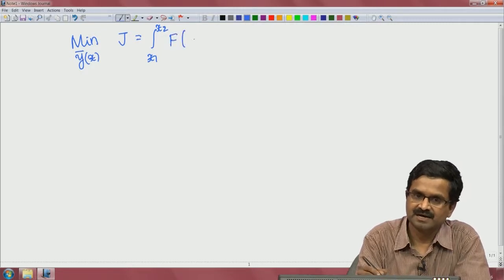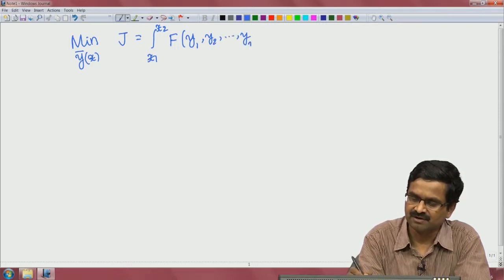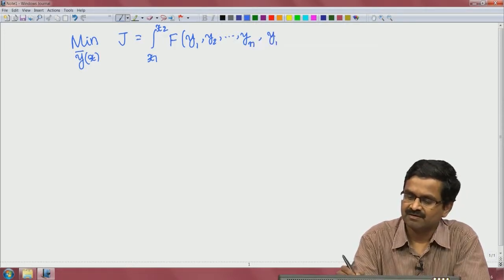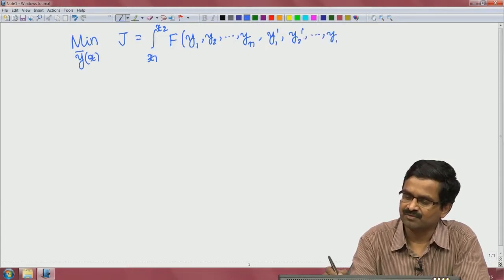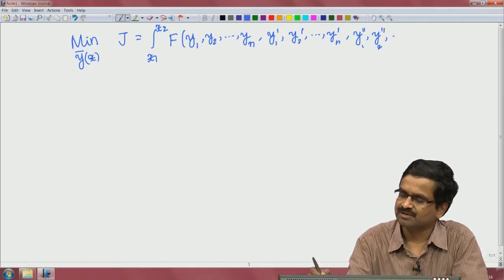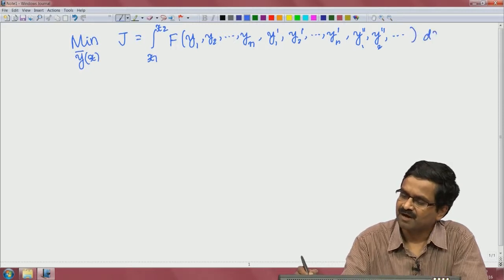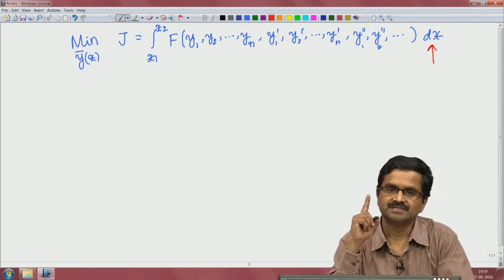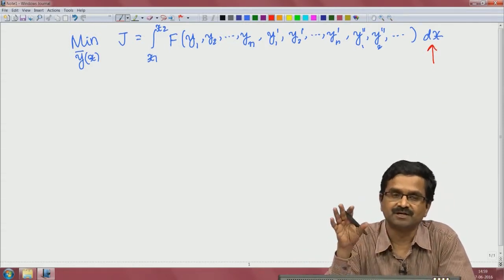We had an integrand that depends on y1, y2 and any number of n functions, and then the first derivative, second derivative and so forth, up to whatever you want. But our independent variable was still x, that is, we are doing one dimensional problems.